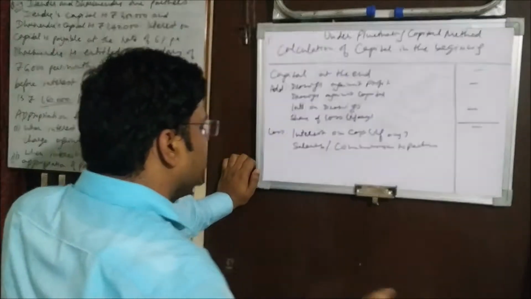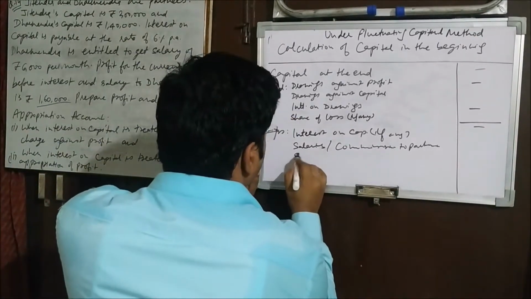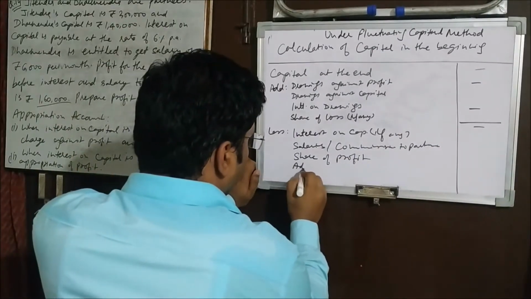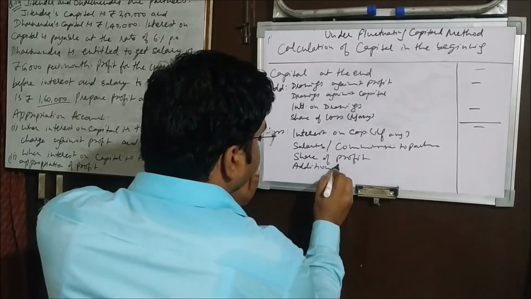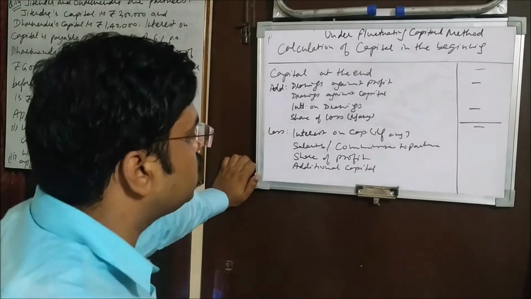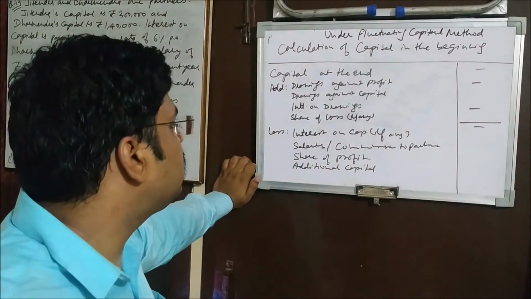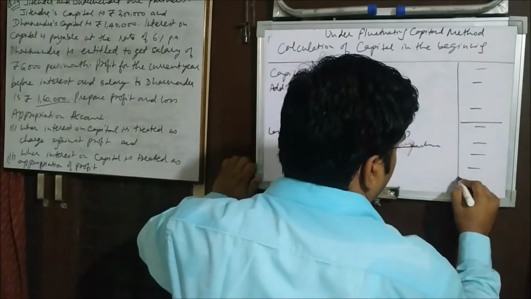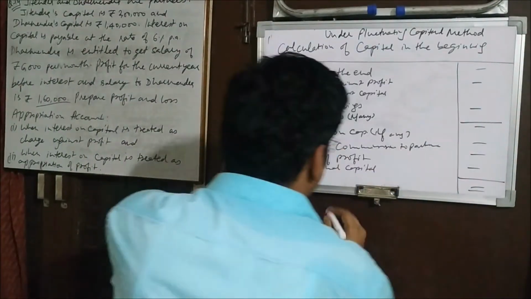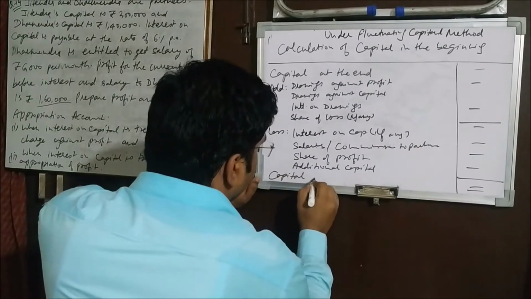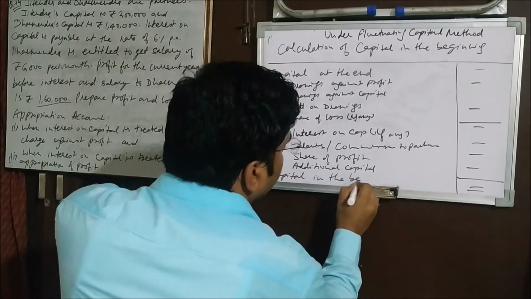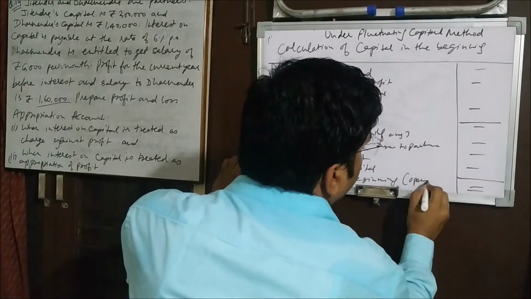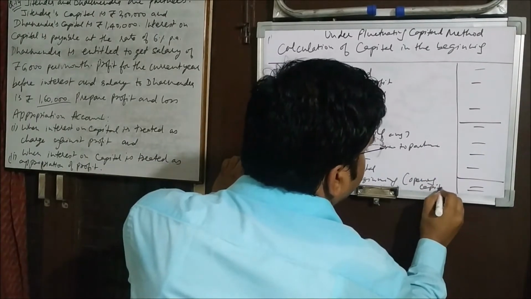Okay, if salary and commission has been paid, or share of profit, and again the most important one, additional capital. If any partner has introduced some more capital during the year, so that will also be deducted here. So after deducting, whatever the value will be left, that will be known as capital in the beginning, or you can call it opening capital.